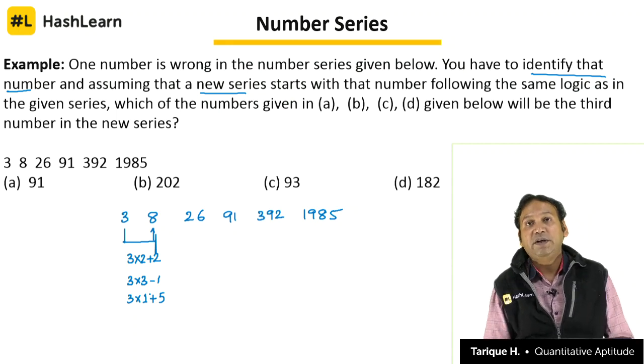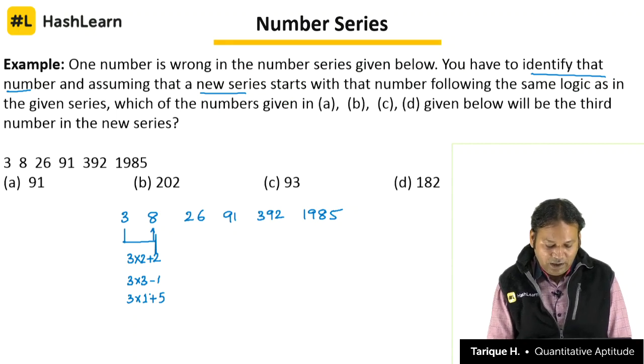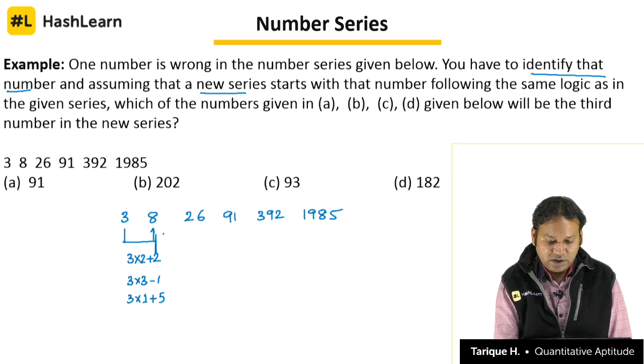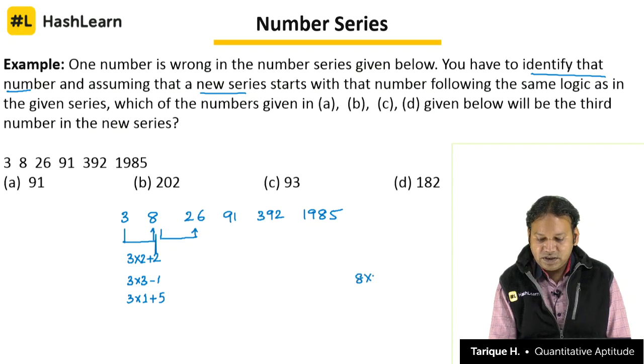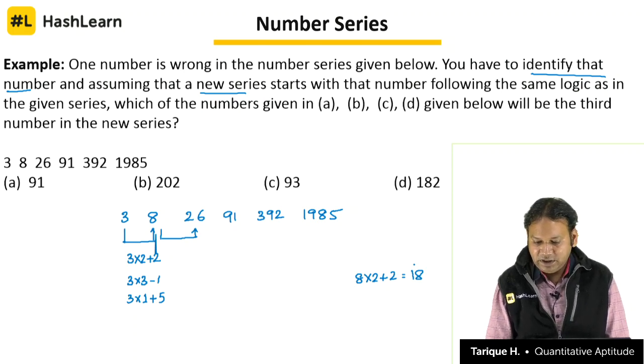So with into 1 we can check, with into 2 we can check, with into 3 we can check. If I take 3 into 2 plus 2, and that is the logic used here, then what do we do with 8 and 26? Can we do 8 into 2 is 16 plus 2 is 18. So if 26 is not right, is 18 the right one here?